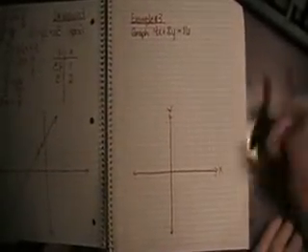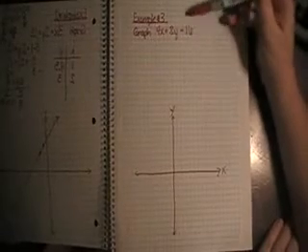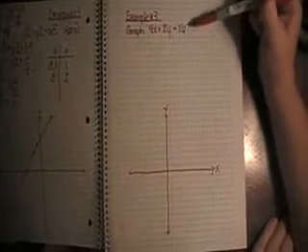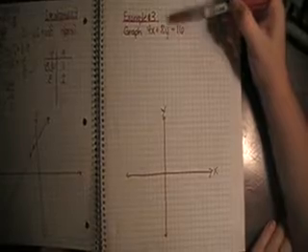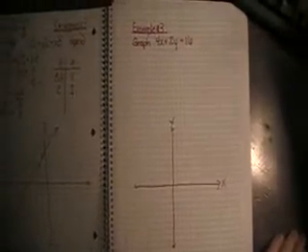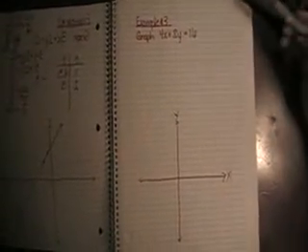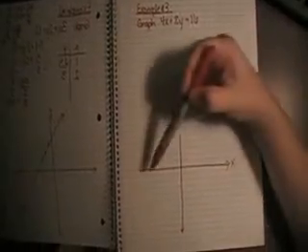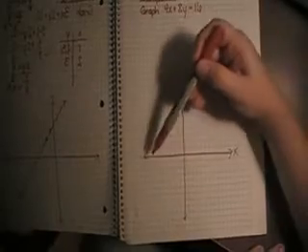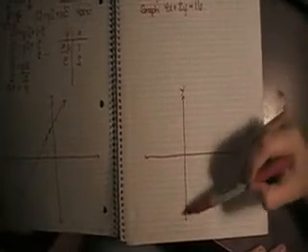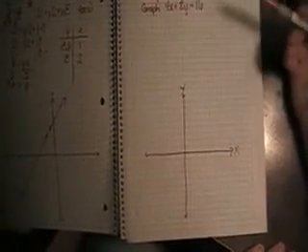Another way that you could graph an equation in standard form, notice that this equation is also in standard form, the x and the y are both on the same side of the equation, would be to use x and y intercepts. X and y intercepts are points that are on the x or y axis. So the x-intercept is on the x-axis, the y-intercept is on the y-axis.